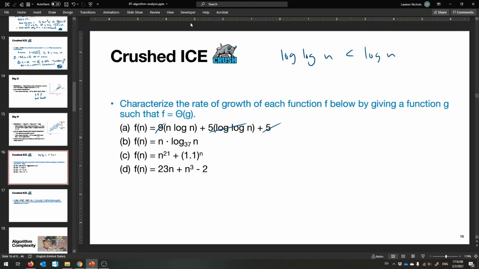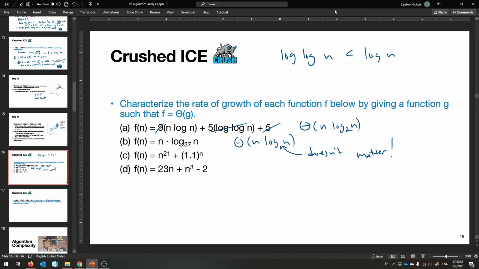So this is big theta of n log n. And whenever we use log in computer science, usually we mean log base 2. Really, the base doesn't really matter. And so for this one, it's n log n again because you have to bring these out. And you can just say n log n, and this doesn't matter.